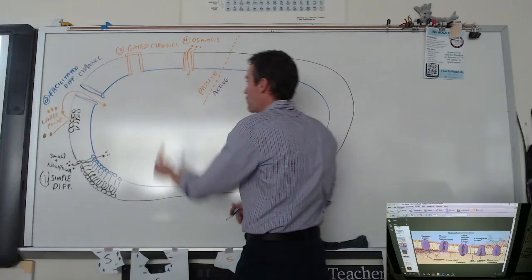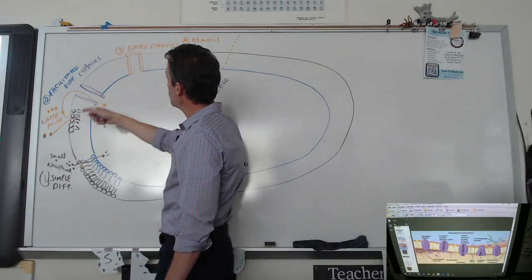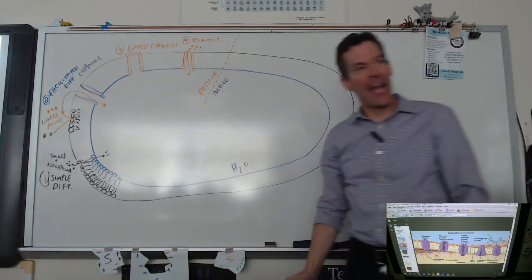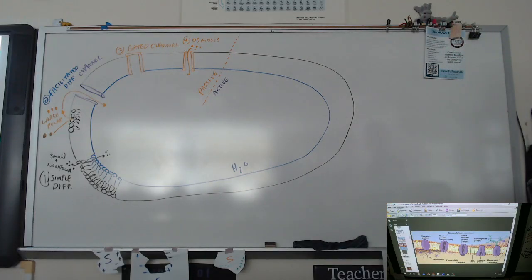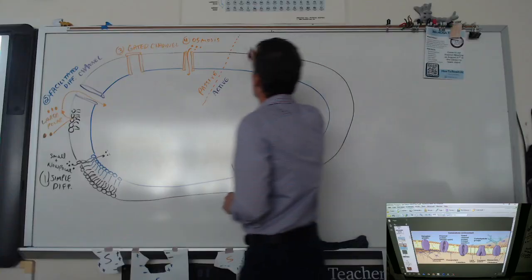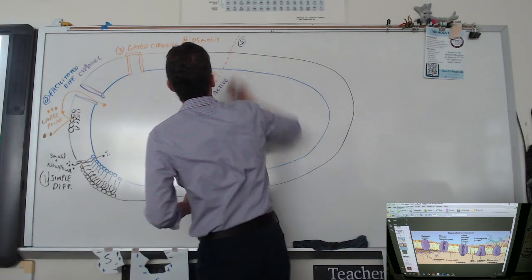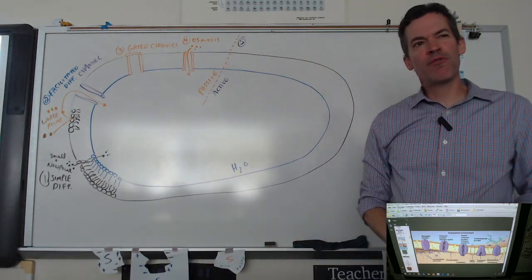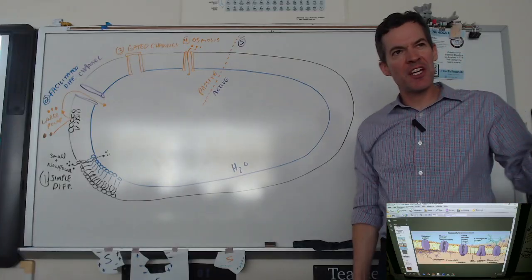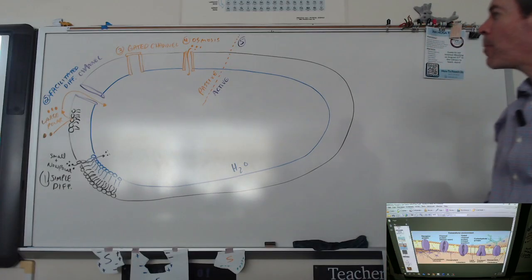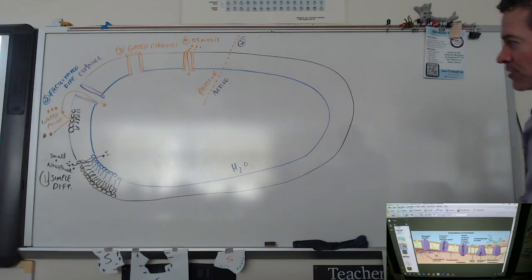However you do that, if you want to put an arrow, but 1, 2, 3, 4 are all passive transport. Number 5, the next one we're going to look at, is active transport. So 1, 2, 3, 4 is all passive transport of some sort of molecule, sodium, potassium, water, whatever. That's all passive. After that, it's active.